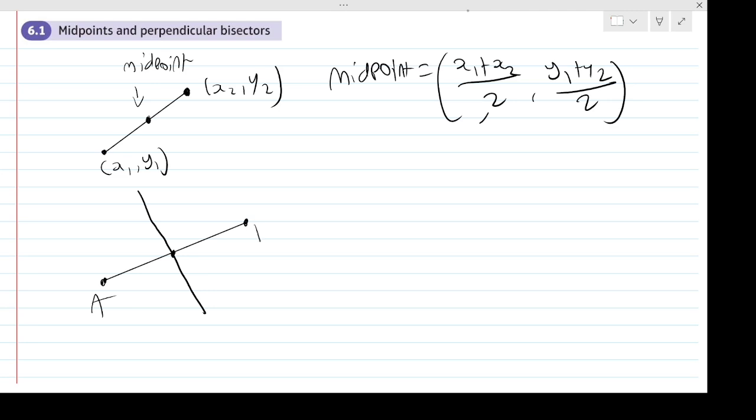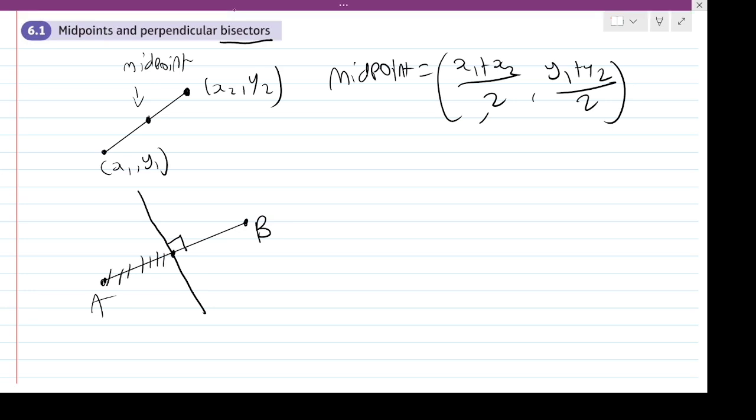Say this is point A and point B. It cuts through the line AB, any given line AB, at the middle of that line. What's special about this line is that it cuts through the middle, but also it's perpendicular, so it's at 90 degrees. The two lines are perpendicular. And this perpendicular bisector, it's kind of in the name, it bisects, which means it splits the left side of the line and the right side of the line equally far apart.